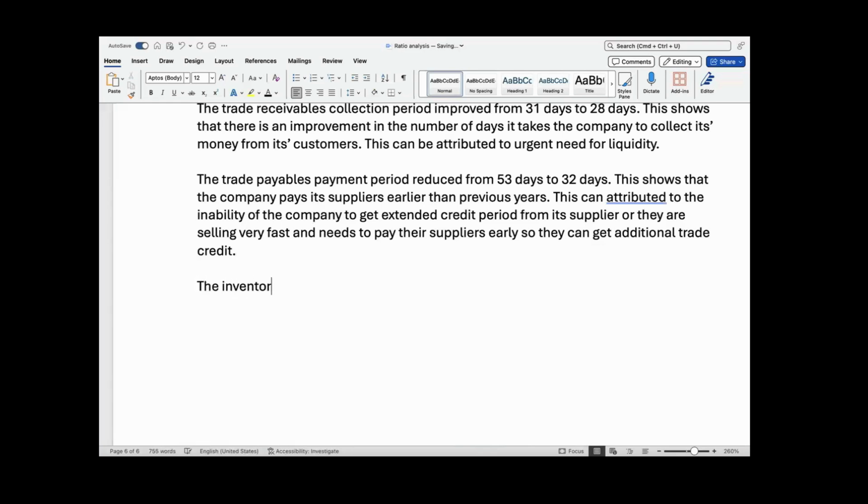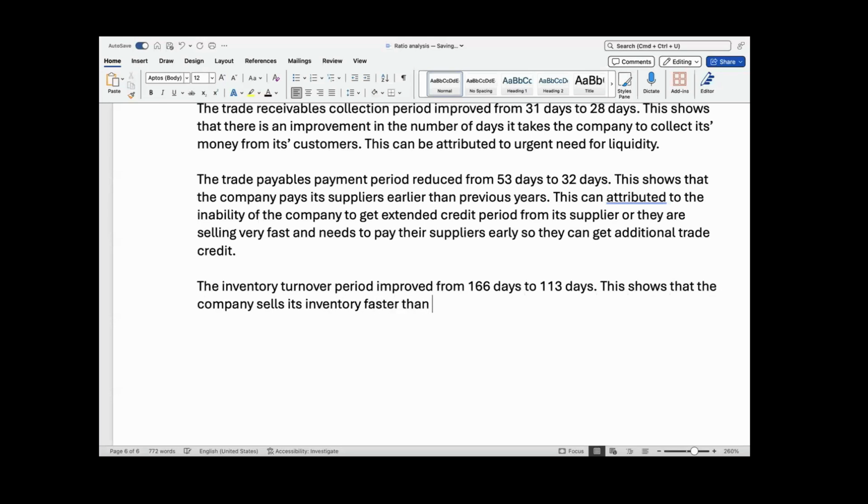The inventory turnover period improved from 166 days to 113 days. This shows that the company sells its inventory faster than previous years.